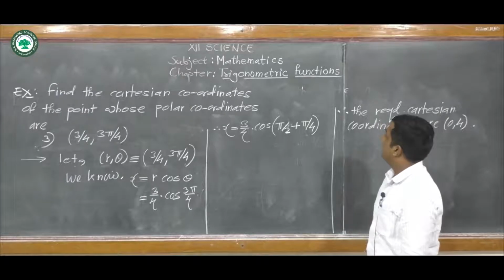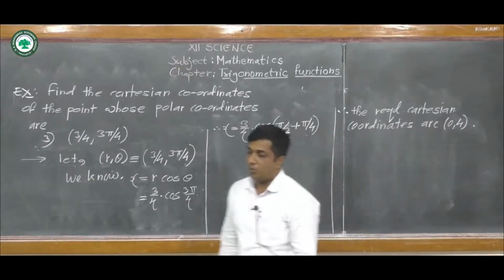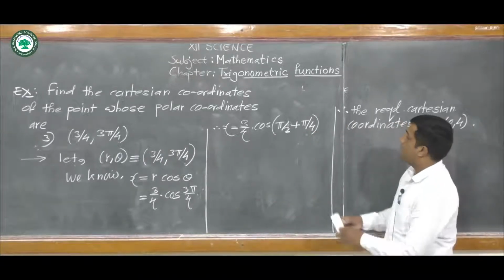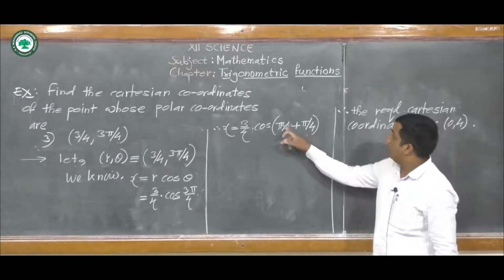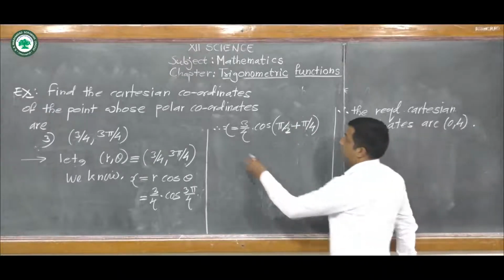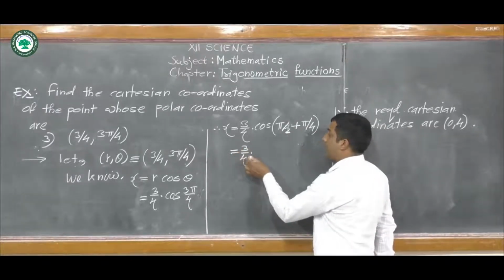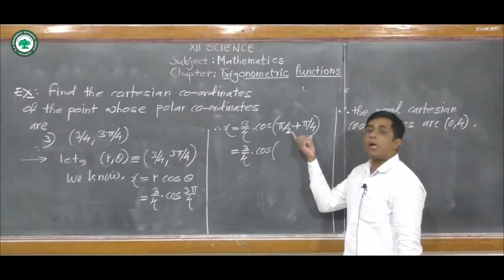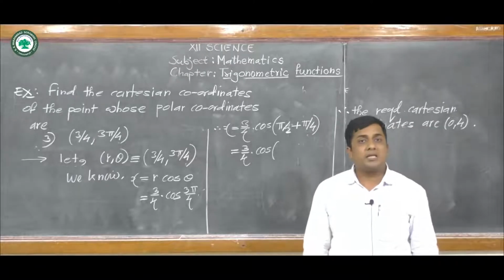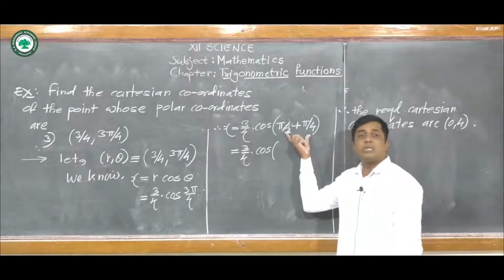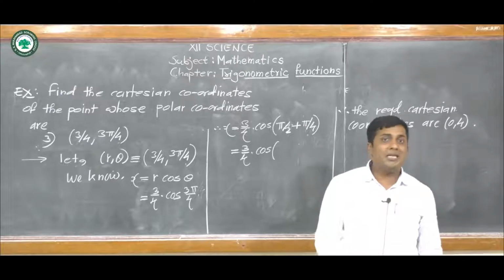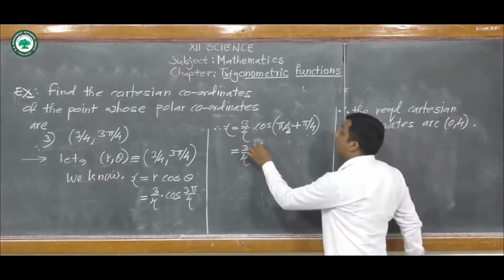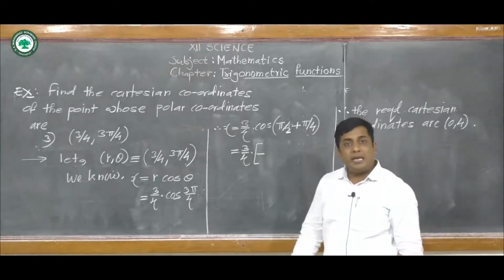So here we get 3 by 4 into here cos of. Now everyone knows this pi by 2 plus pi by 4 is in the form pi by 2 plus theta. We know this pi by 2 plus theta is in the second quadrant. In the second quadrant, this cos is always negative.